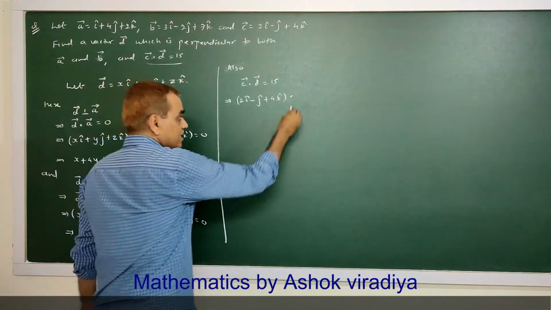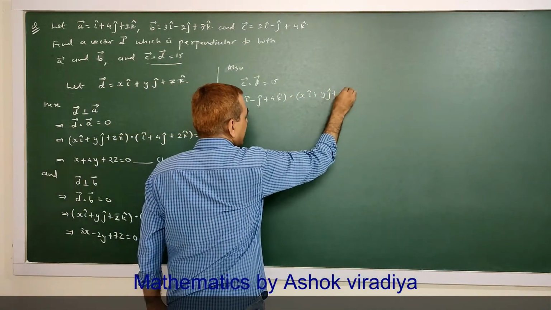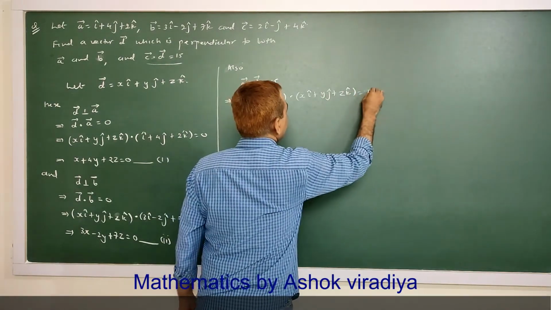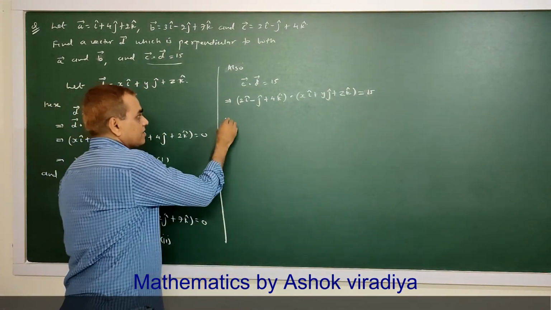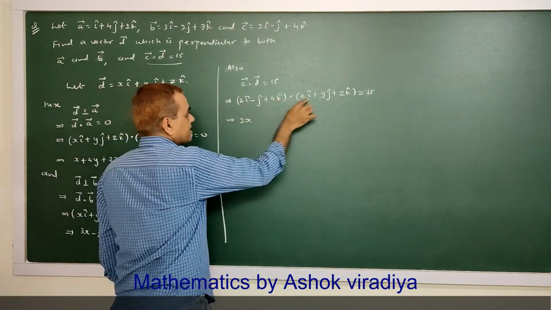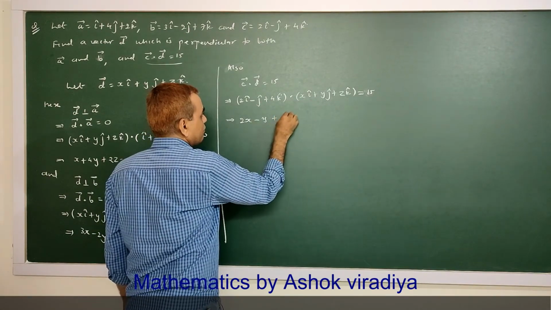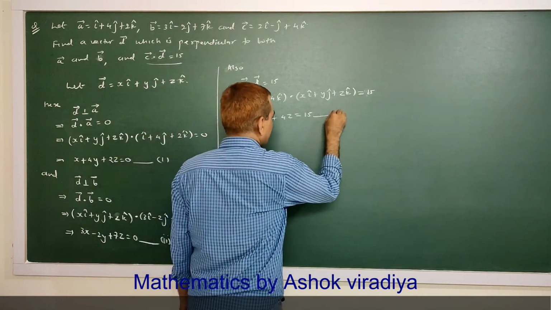Dot D, which is xi plus yj plus zk, equal to 15. That is 2x minus y plus 4z equal to 15. This is equation 3.